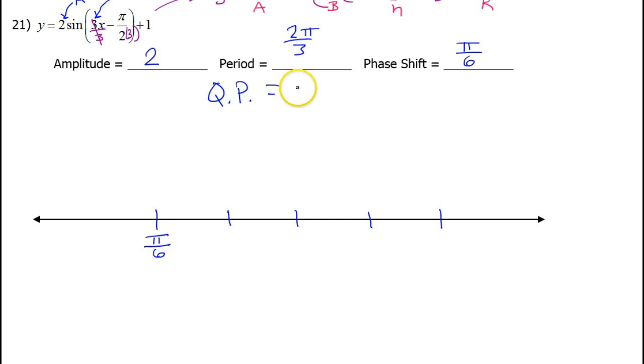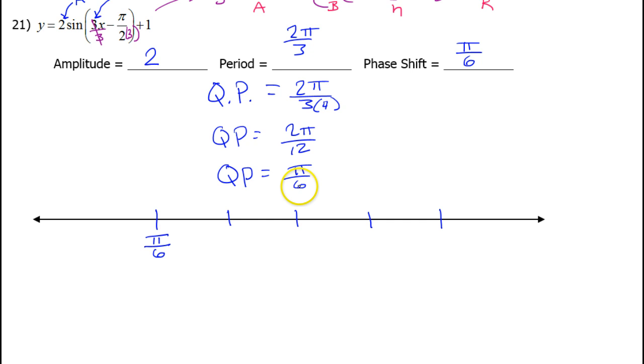A quarter period would be 2 pi over 3 divided by 4. So that's why I'm putting a 4 in the denominator. I'm dividing by 4. So that means that the quarter period is going to be 2 pi over 12, which means that the quarter period is going to be pi over 6.